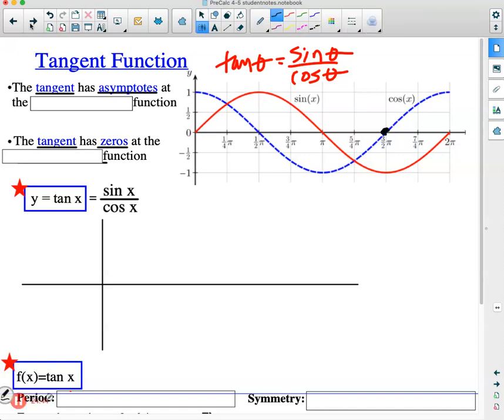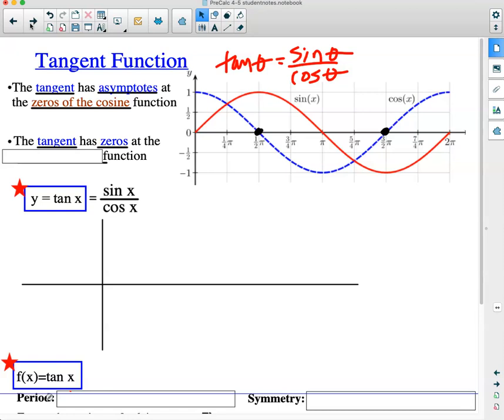Cosine of theta is 0 here, 0 here, then it would be negative pi over 2. And we start to see, yeah, it's negative pi over 2 and pi over 2. That's where we get those vertical asymptotes. So the zeros of the cosine function, since it's sine of theta over cosine of theta, give us those asymptotes.